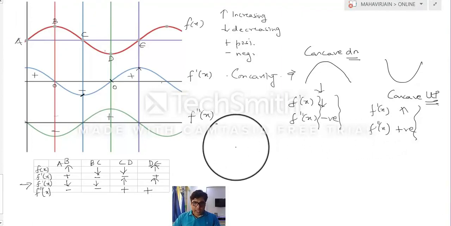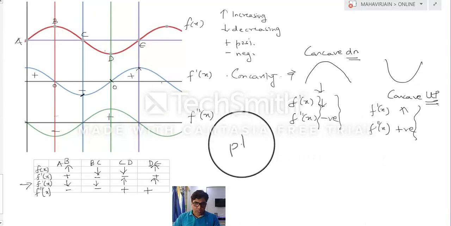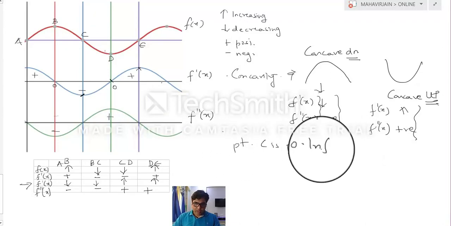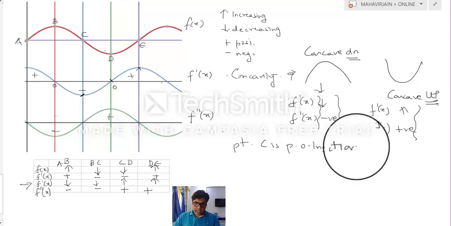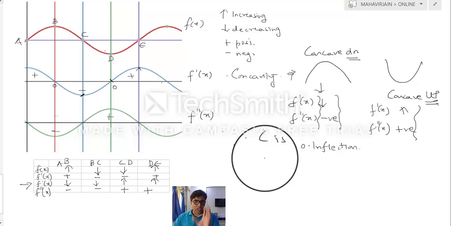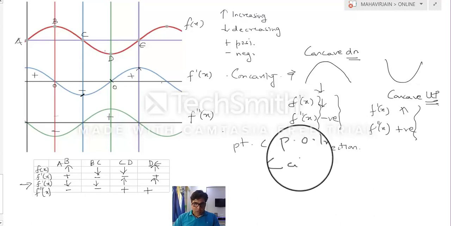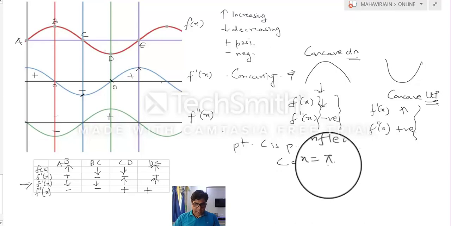So in this case, point C is the point of inflection, that is known to us. Point C is point of inflection. We've understood last time. Now, the reason behind it being a point of inflection is what happens before and after point C, right? Point C is at x equal to pi. I explained last time.